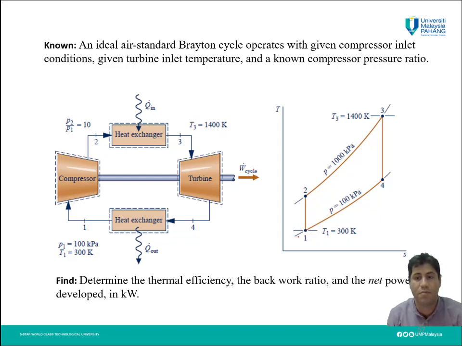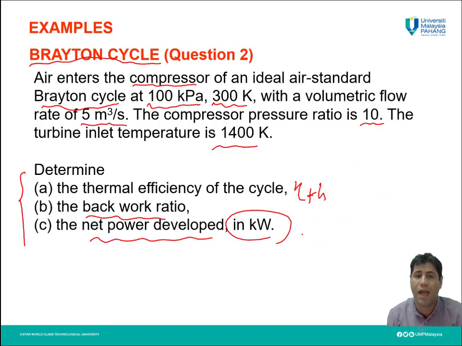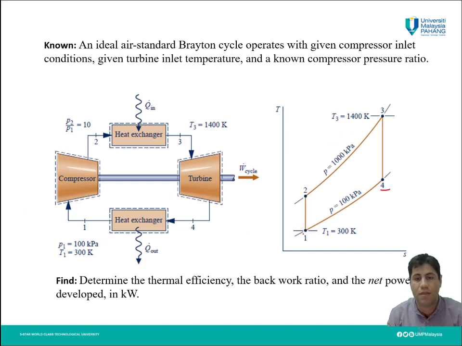And you know that in a Brayton cycle, for this process from state 4 to state 1, we have a constant pressure process. So pressure for state 4 also is given when we have pressure for state 1. And also, it is mentioned that the compressor pressure ratio is 10. In other words, the pressure which we have here in state 1 will be multiplied by 10 for state 2.